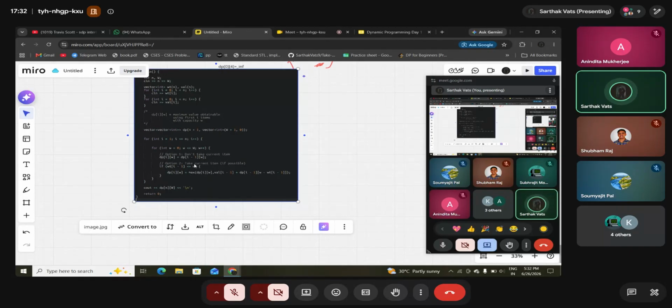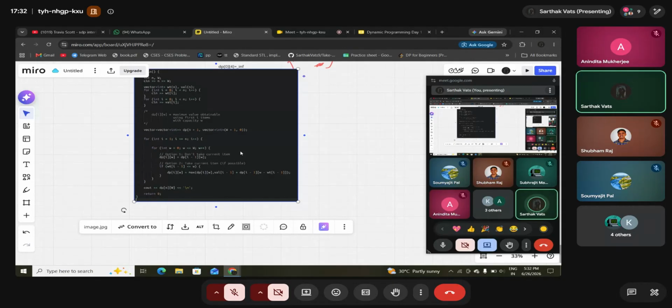If taking always gave us a greater value, then we could have solved this greedily, right? But we only use DP here because not taking a stone can result in a better answer than taking a stone, right? So among these two we calculate the max, and dp of n W would be the final answer.